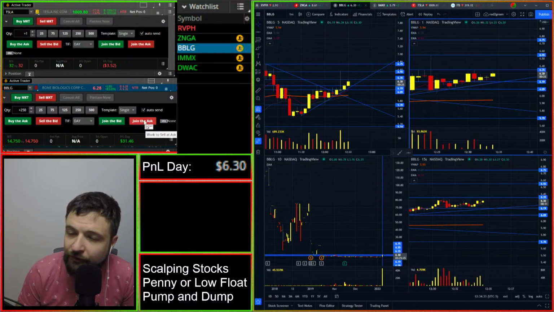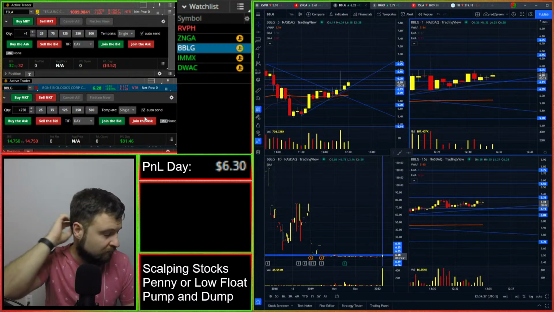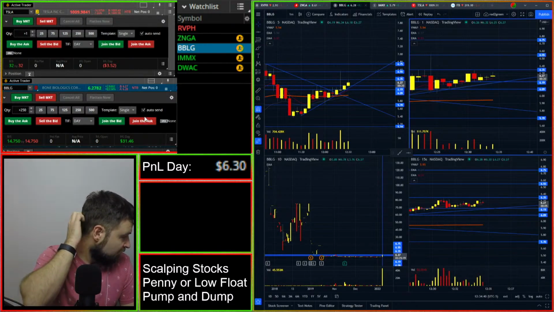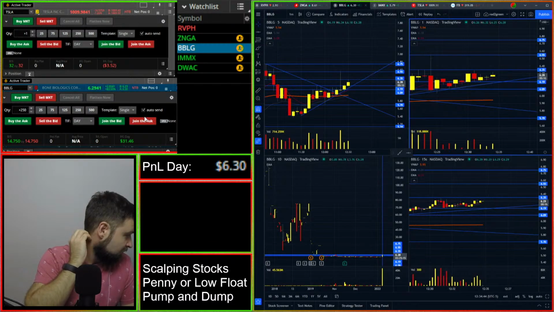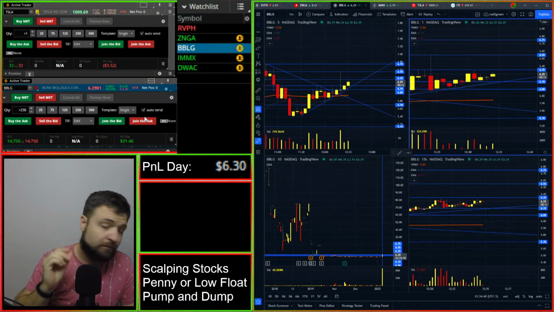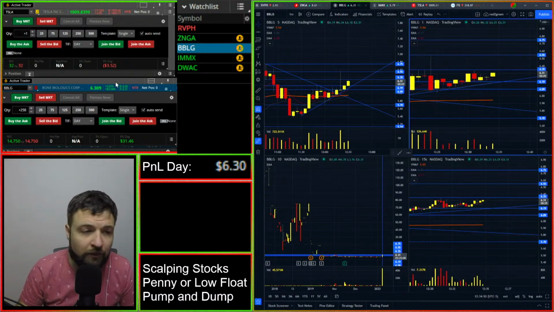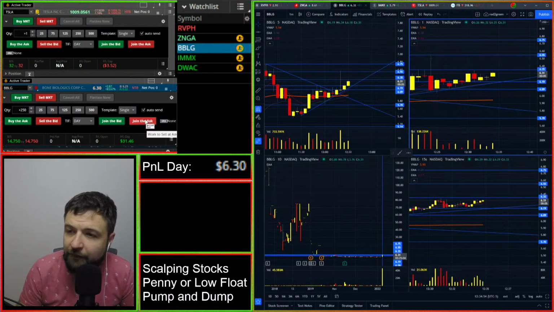So 6.32 as the high here. So watch that 32.35 break. Maybe on a 5-minute setup.